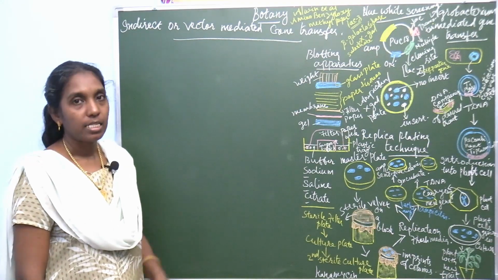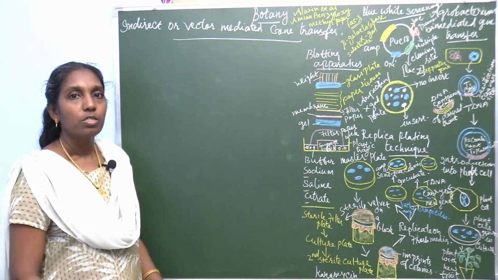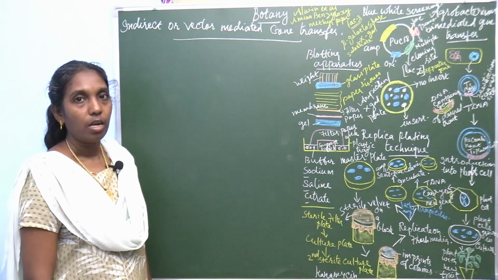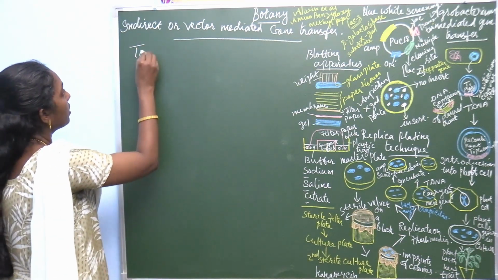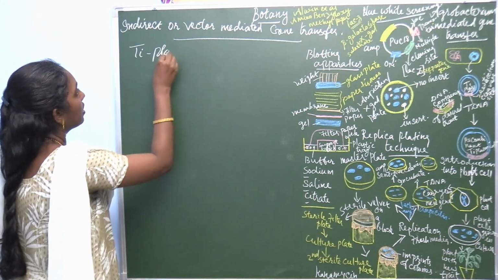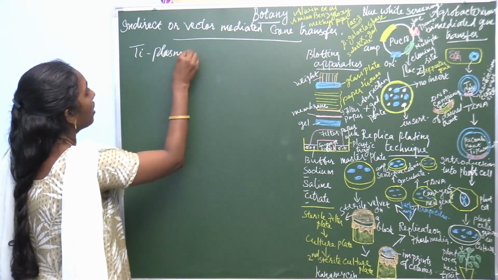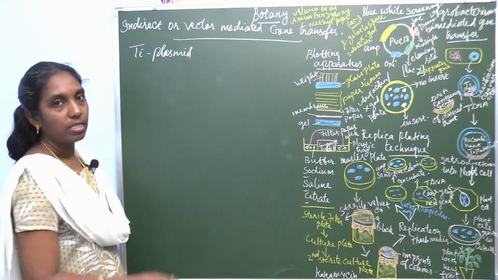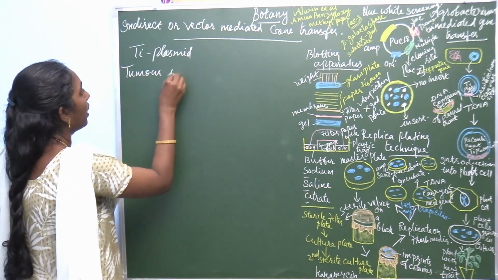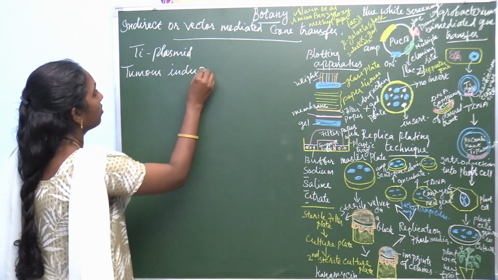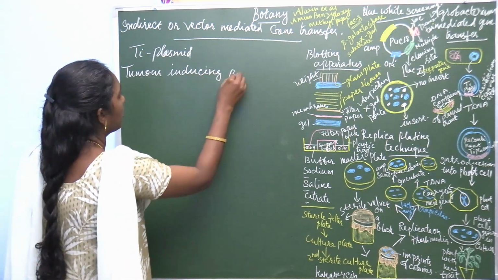In plant cells, many vectors are used, but in plants the Ti plasmid is used as the vector. Ti stands for tumor inducing plasmid.